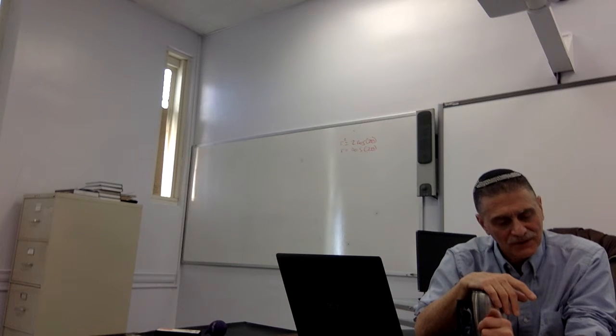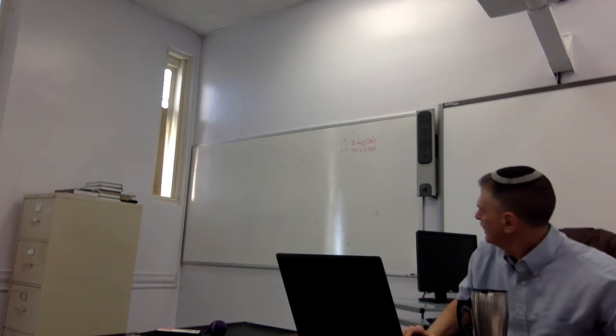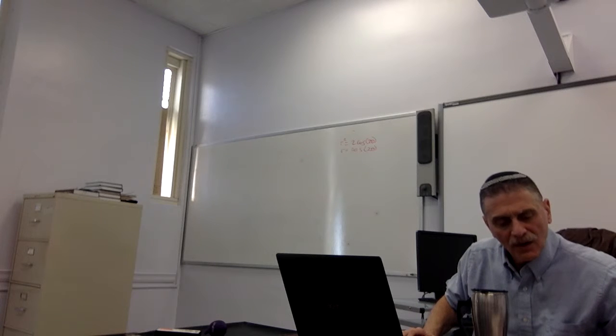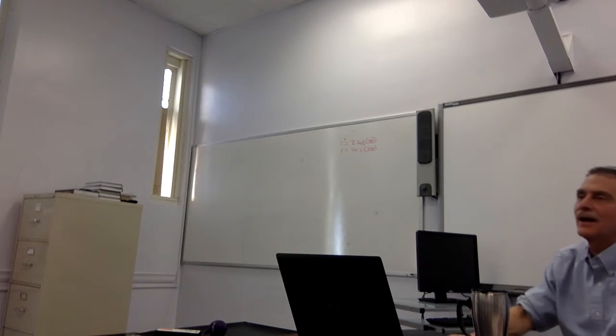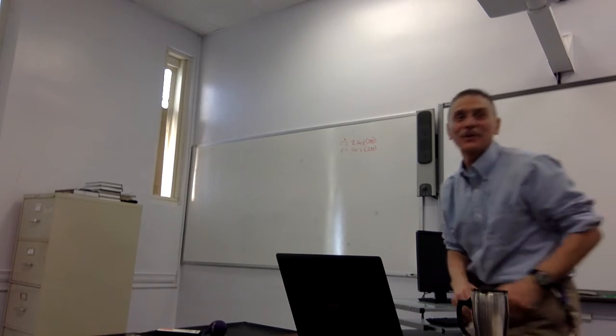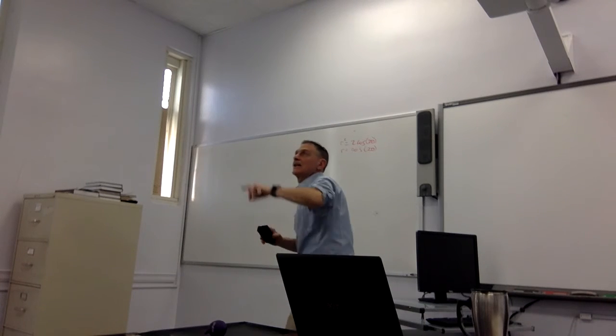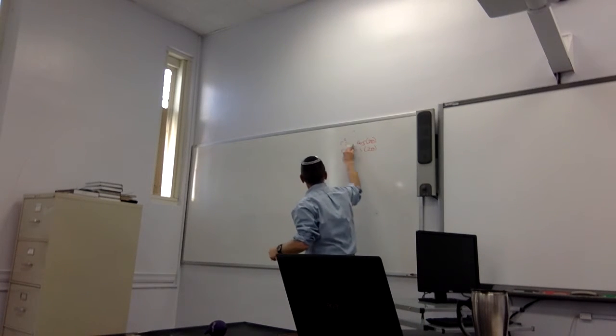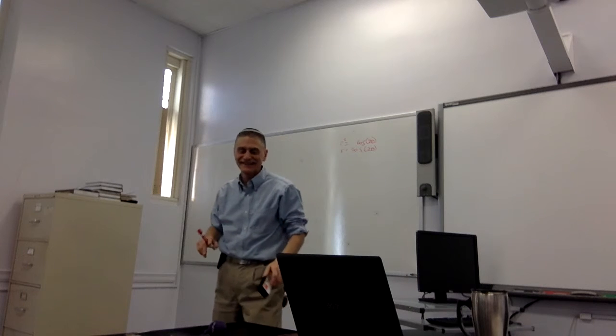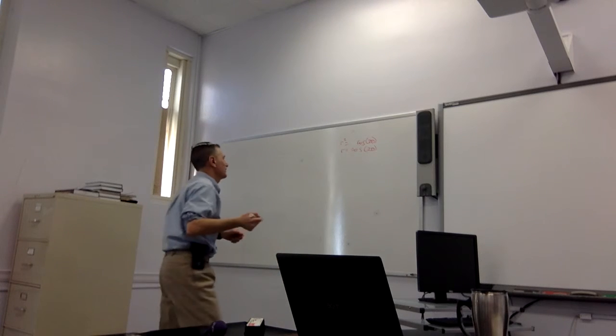Did I write the wrong thing here? Where did you get 2 from? No, it's minus 2. Oh, I wrote the wrong equation. And now I see what you got to do. I am sorry.